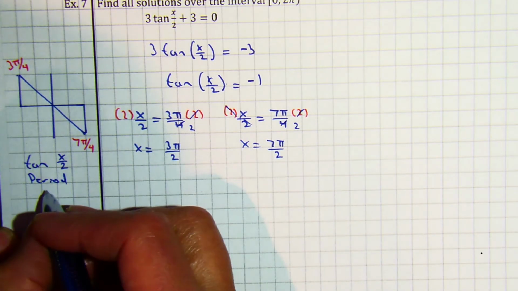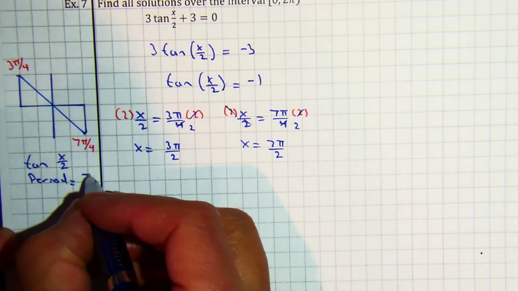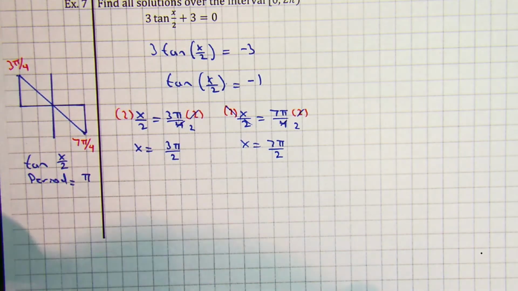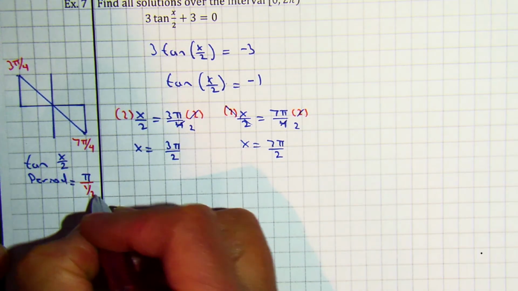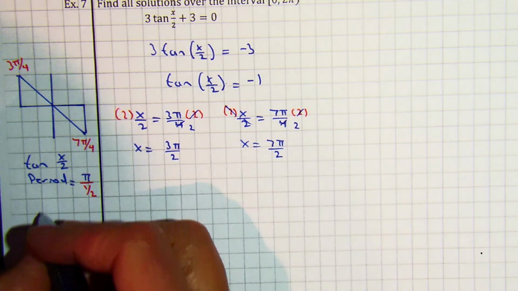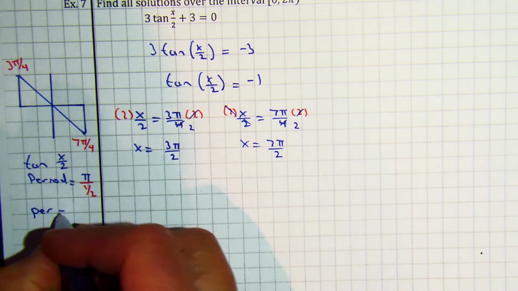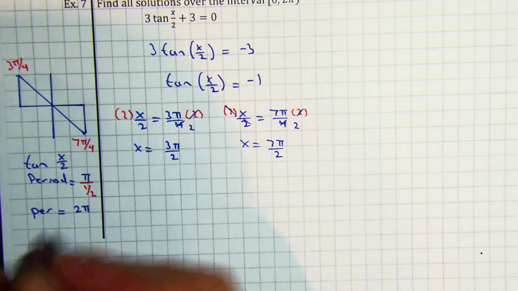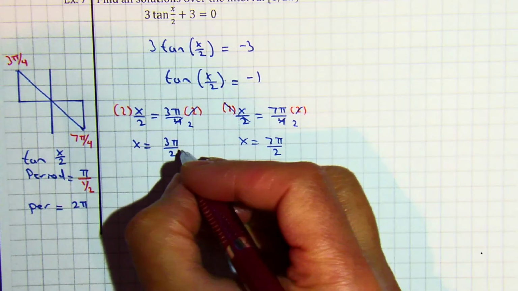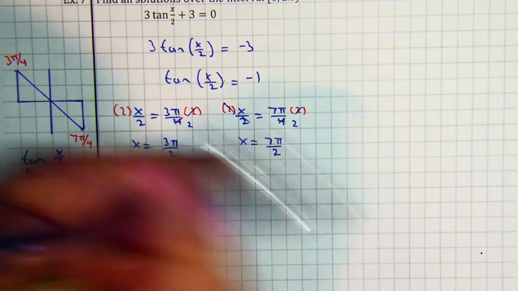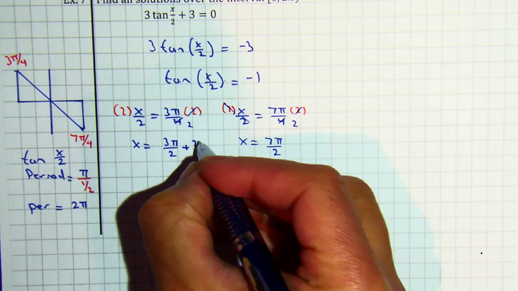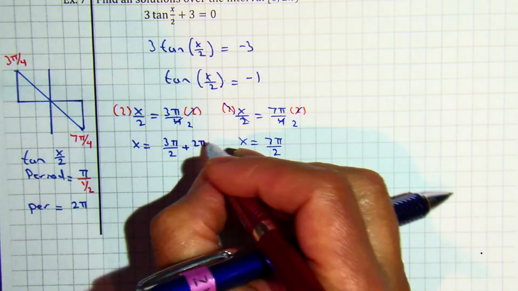Remember, the period for tangent is pi over b. In this case, the b is 1/2. So therefore, your period is equal to 2 pi. So therefore, it will be plus 2 pi n.